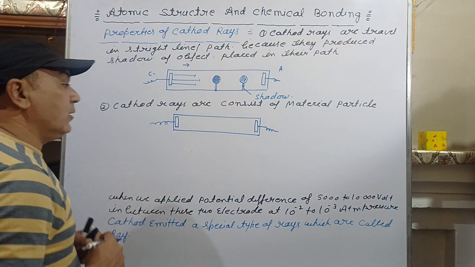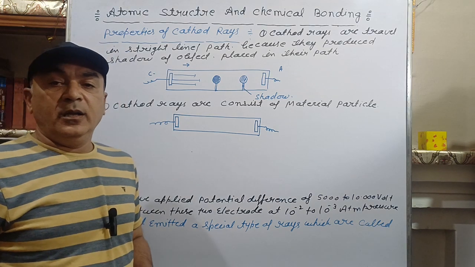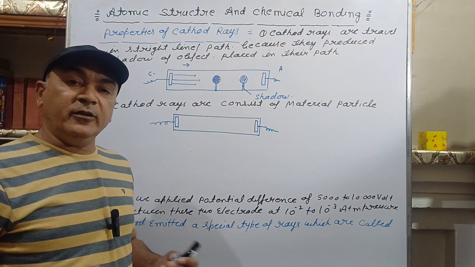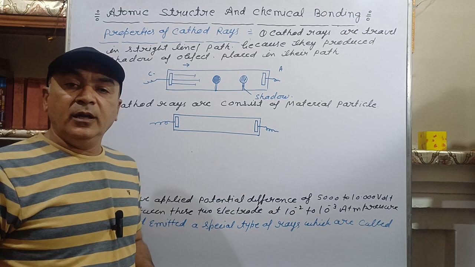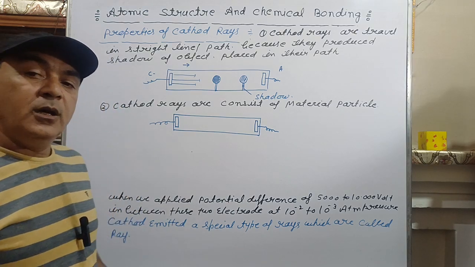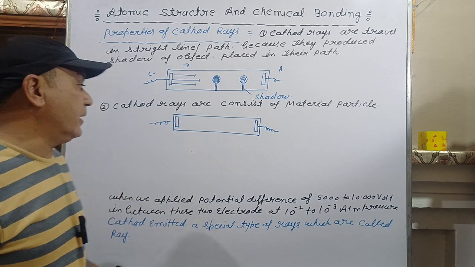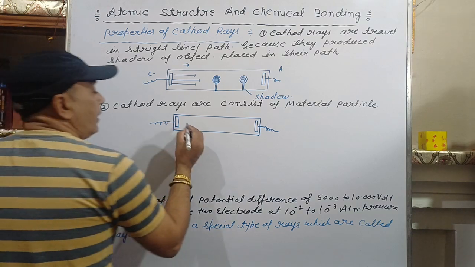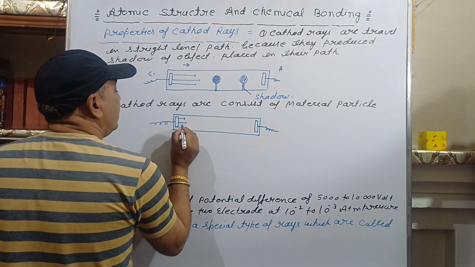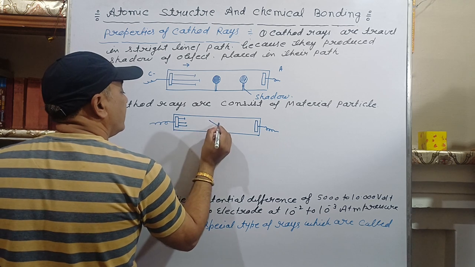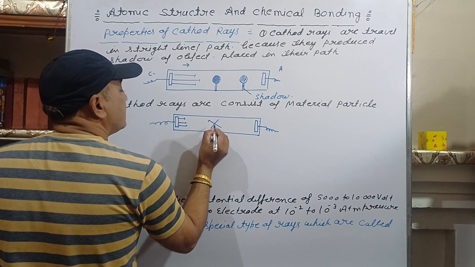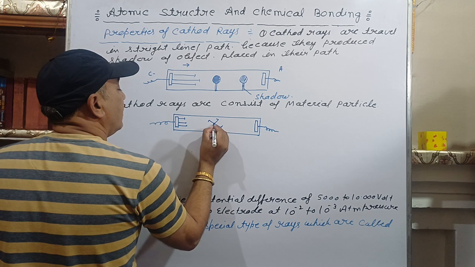If light falls on the paddle wheel, it is impossible for light to rotate it, because light rays do not consist of material particles. Here are the cathode rays and here is the paddle wheel.